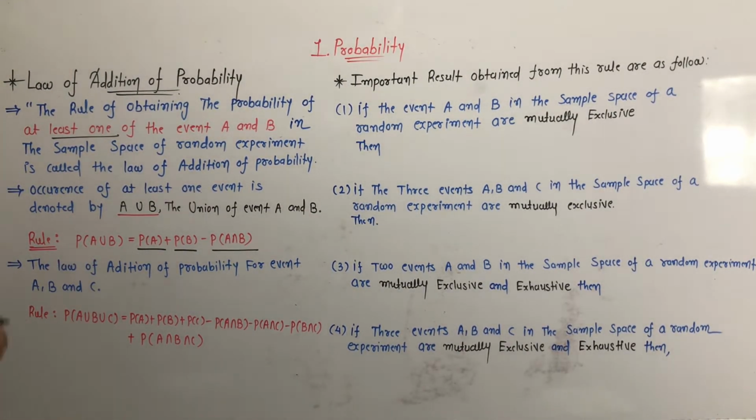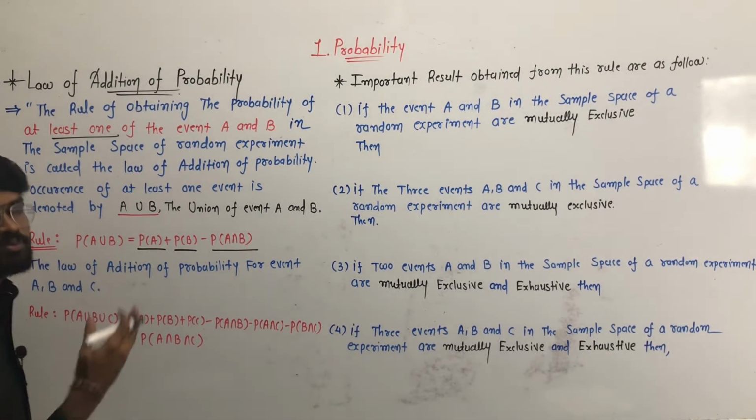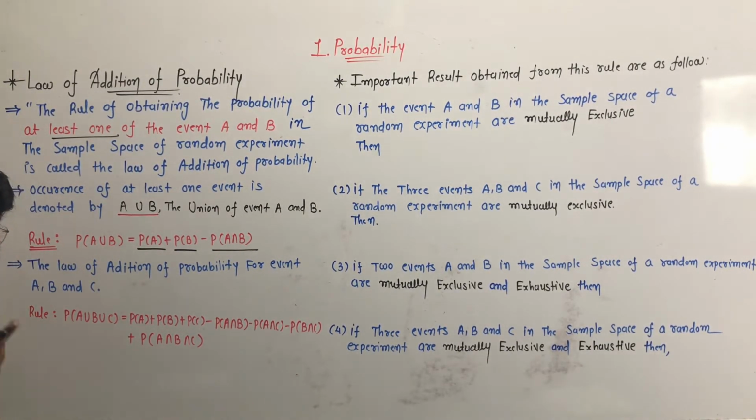But if there are three events, suppose A, B and C, then what is the law of addition of probability for these three events?